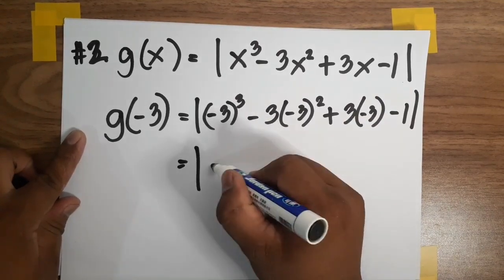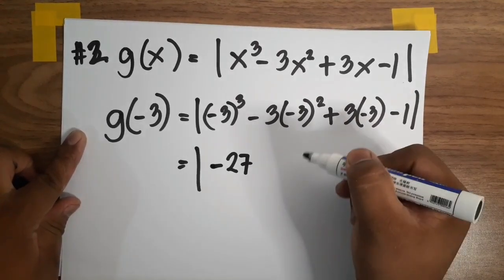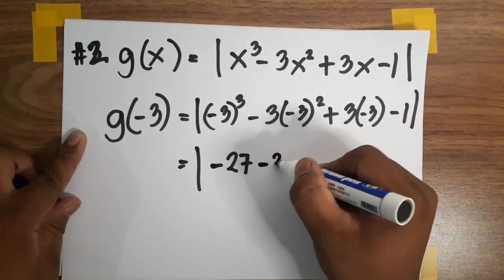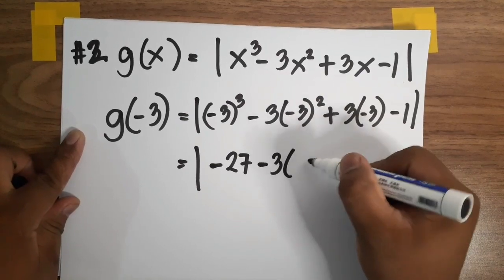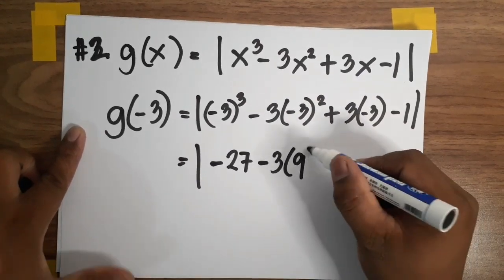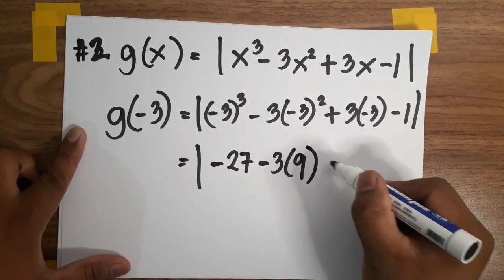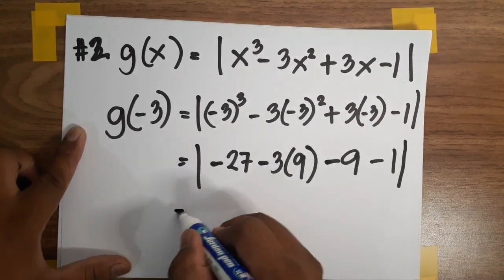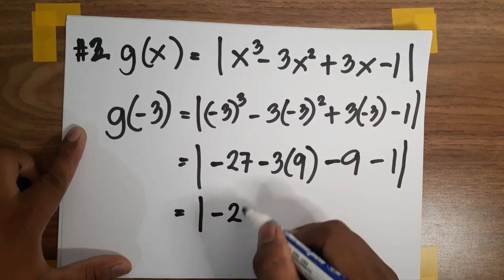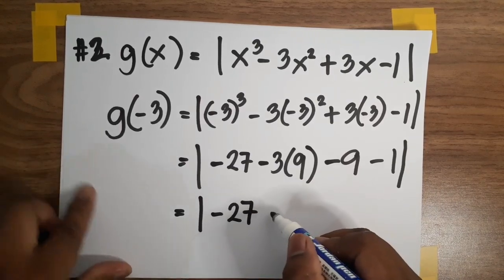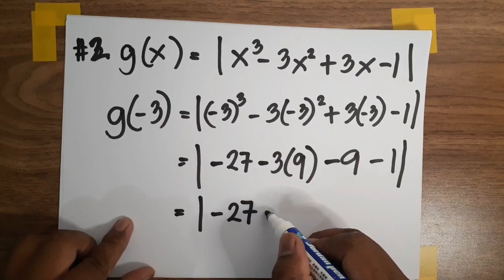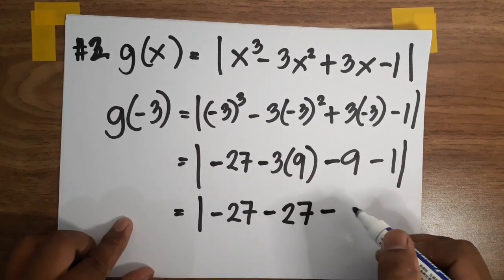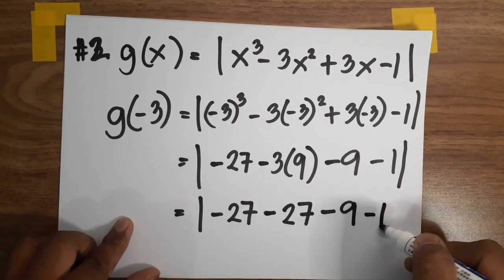Simplify. Negative 3 cubed is equivalent to negative 27. Then negative 3 squared is negative 3 times negative 3, which is positive 9. 3 times negative 3 is negative 9, minus 1. So negative 27, then negative 3 times 9 is another negative 27, minus 9 minus 1.